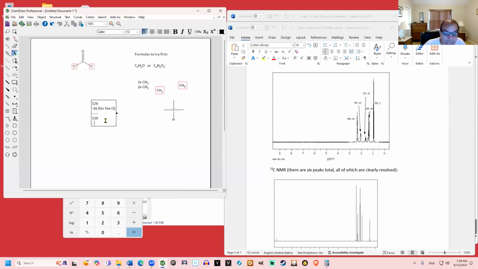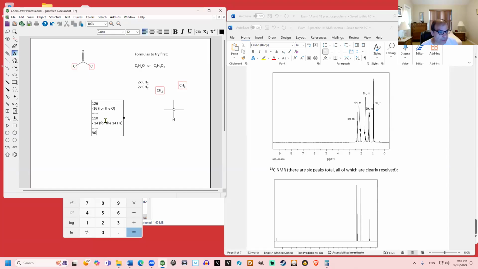Let's also subtract the 14 hydrogens. And 110 minus 14 is 100 minus 4, which is 96. And all the rest should be carbons.